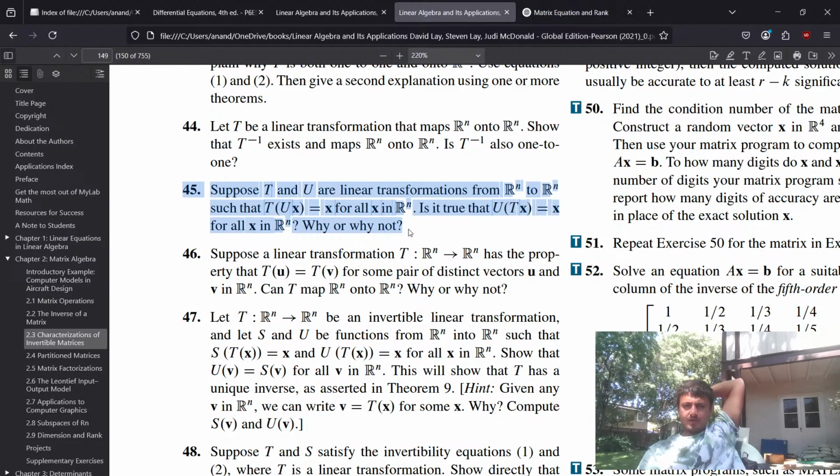I wish we were doing more problems where it was rectangular, where only the right inverse exists or something like that.